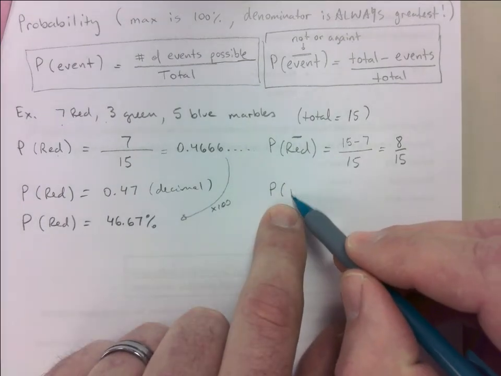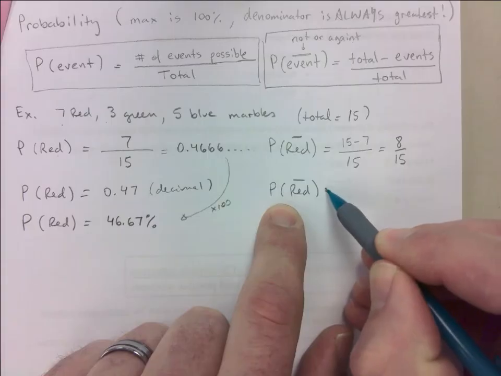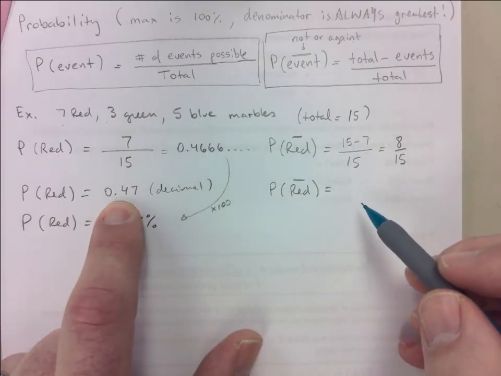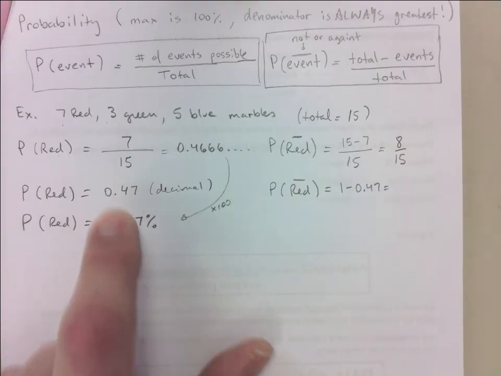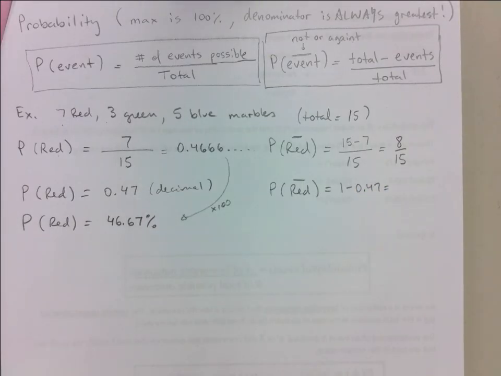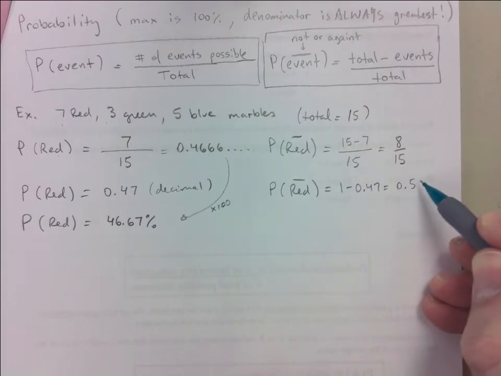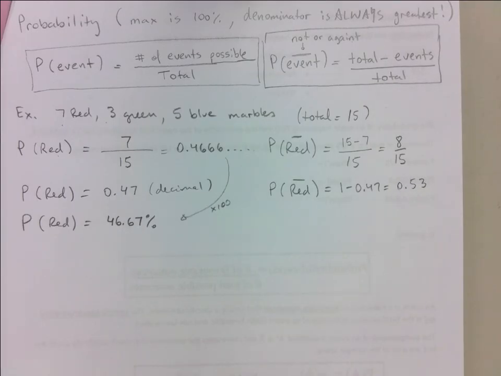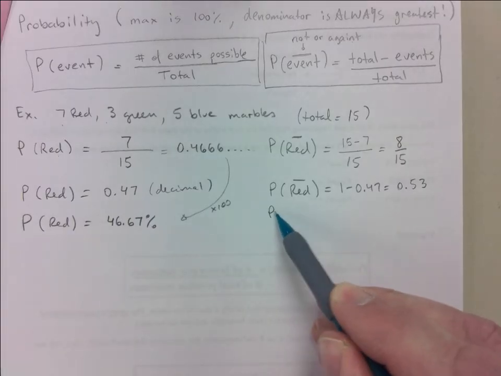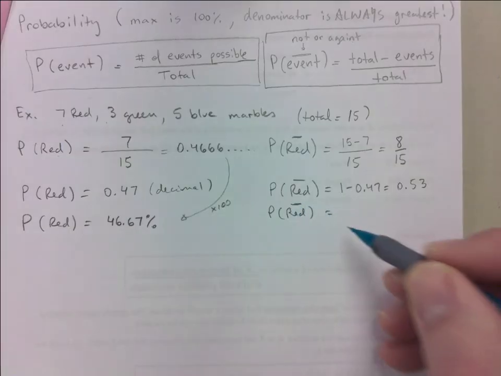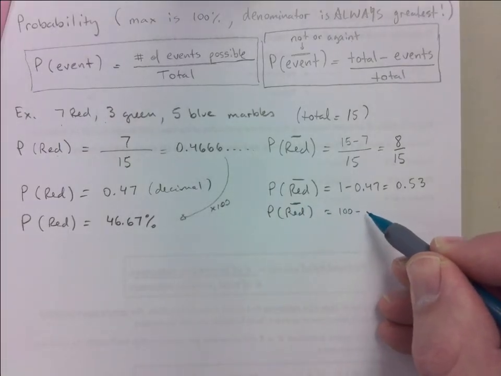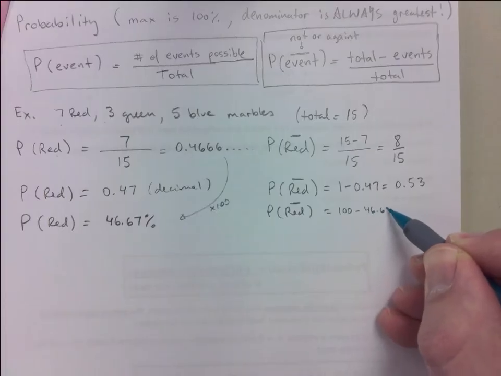So probability against red would be 1 minus 0.47. I'm just making these numbers up, so that'd be 0.53. Or probability against red, if you're talking percentage, you would want to go 100 minus 46.67.